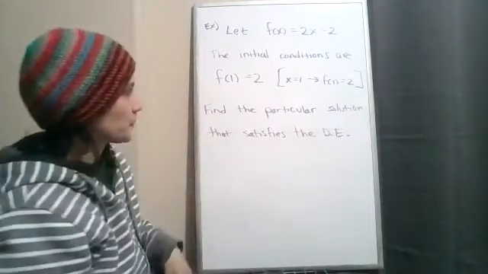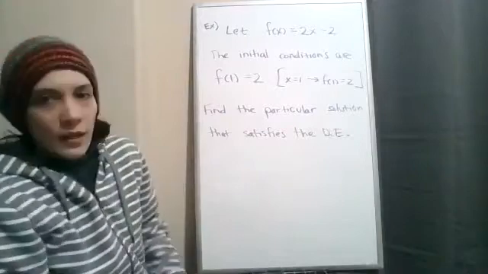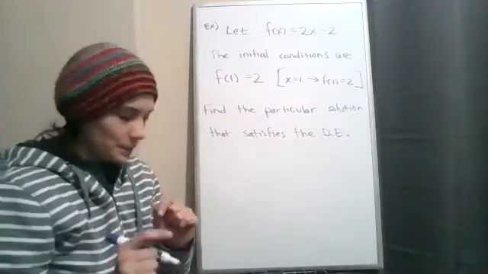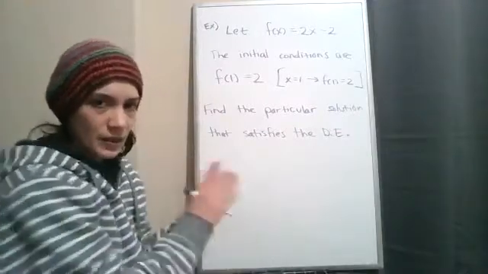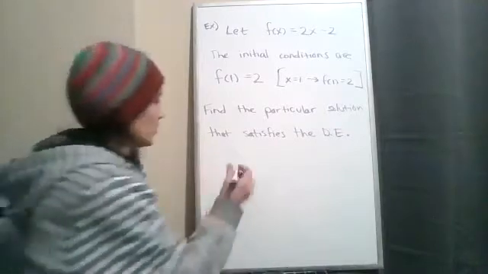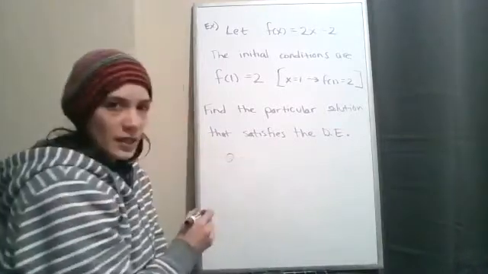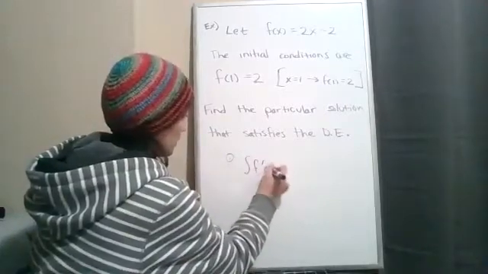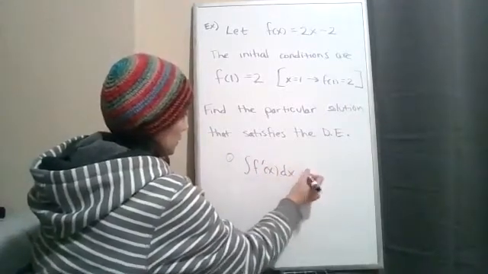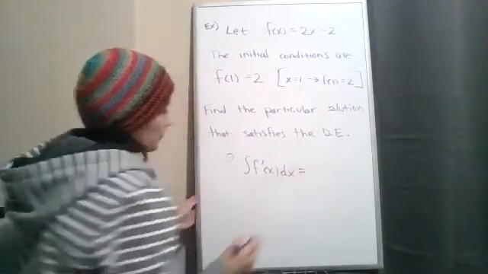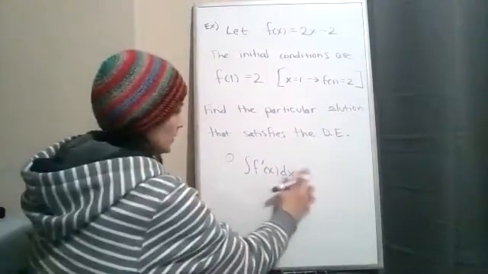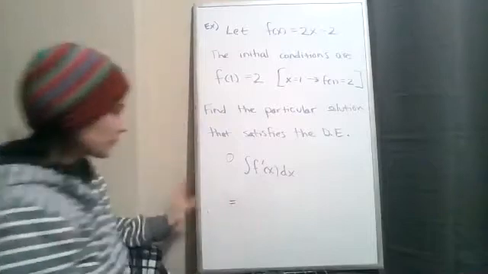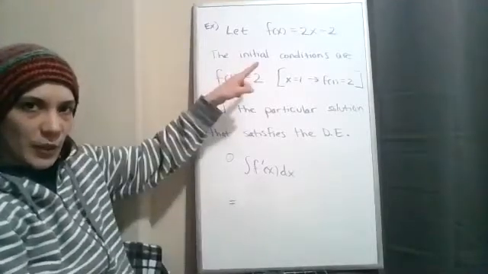Okay. So we'll do them in those steps. First part is to integrate f prime of x, the integral of 2x minus 2.